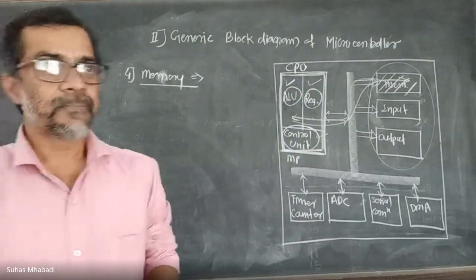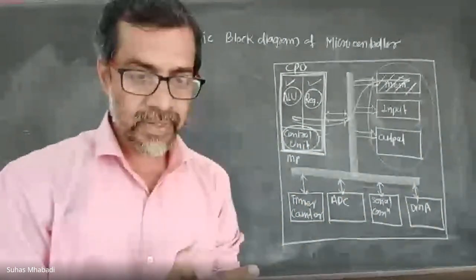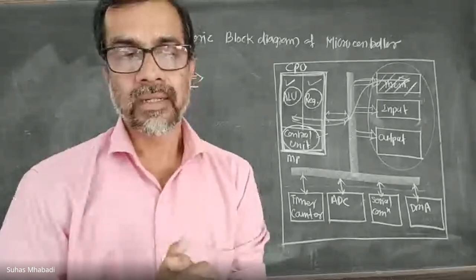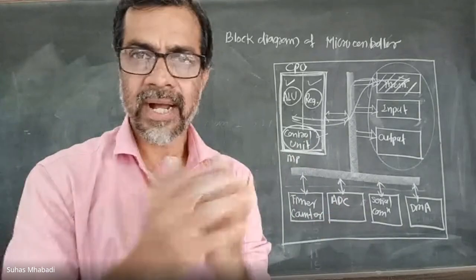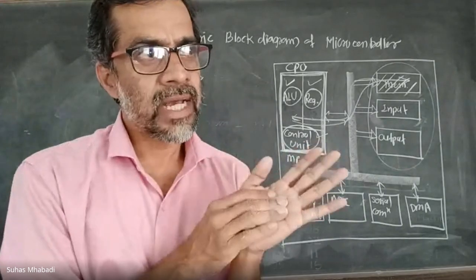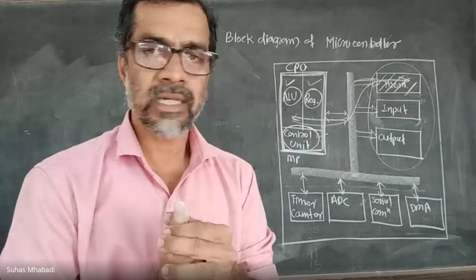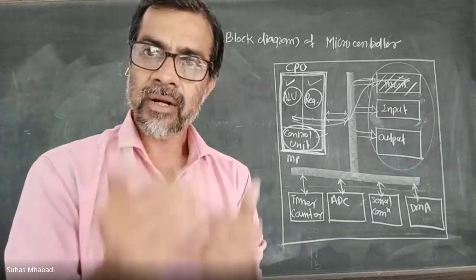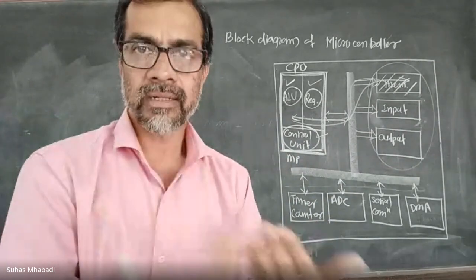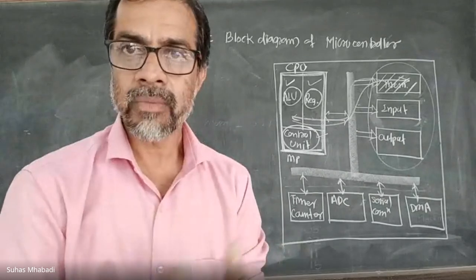See, now the controller, normal controllers have two kinds of memories. You might have an idea about it. One of them is called RAM memory, the other is called ROM memory. Again, in the ROM memory there are different kinds, EPROM, EEPROM, and so on.